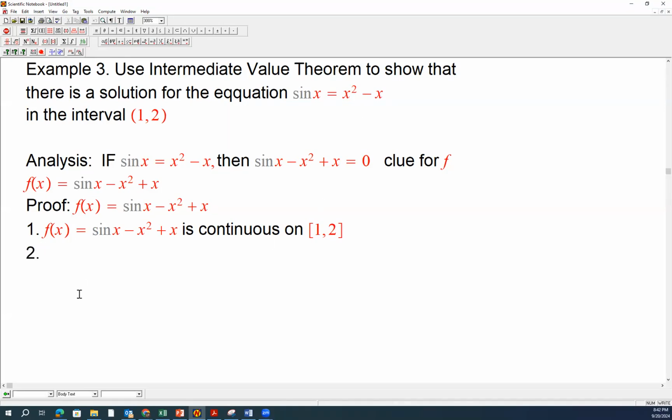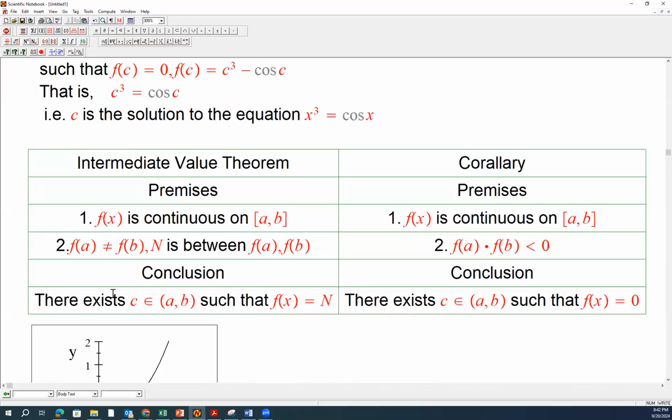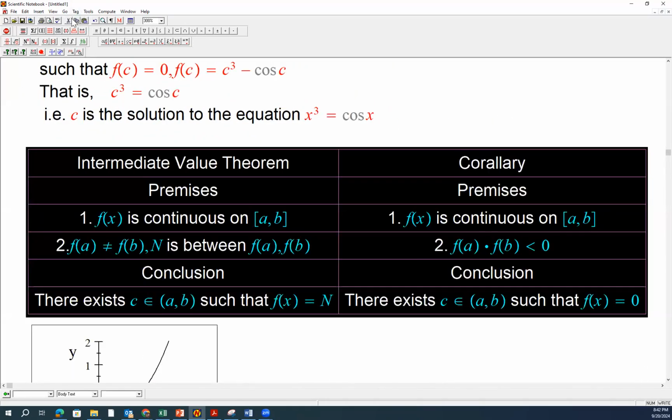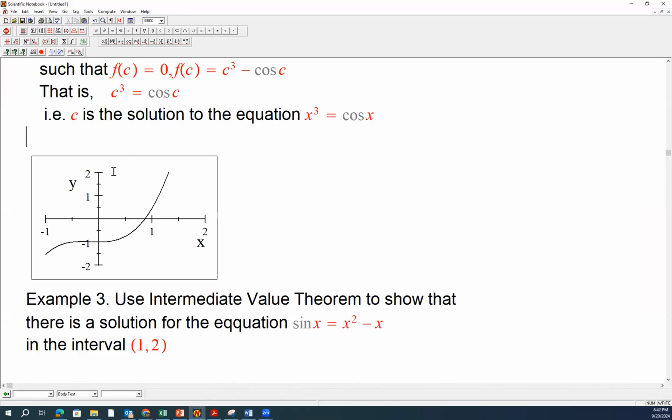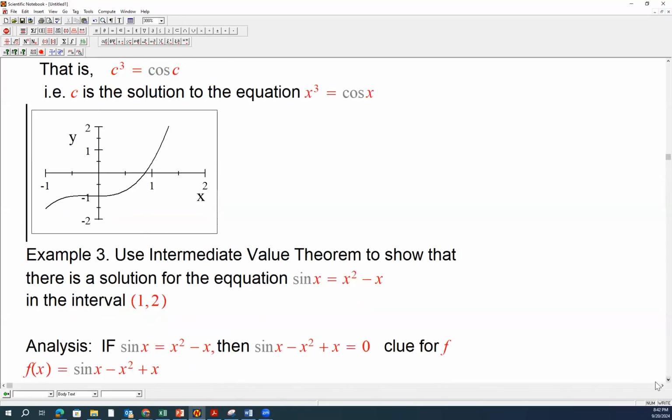All right. Number two, we're going to check the value. So we're taking the second condition. Okay, second condition. I'm going to bring the theorem with us one more time, for our convenience.